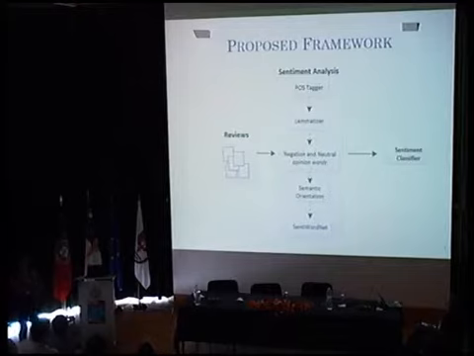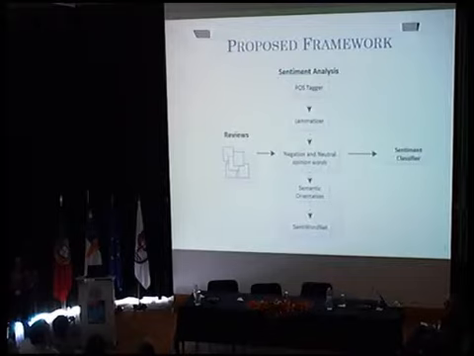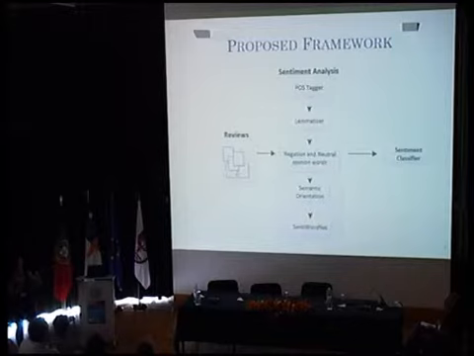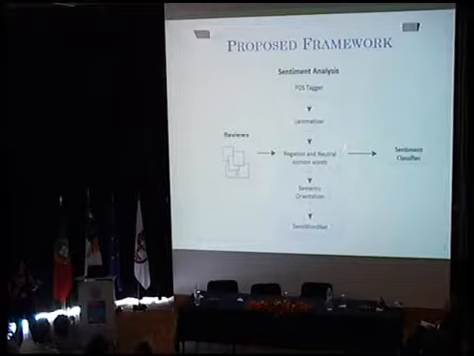So our proposed framework, this is the overall. What we do is we use a part-of-speech tagger. In here we used the FreeLing tool. So we want to know for each word which word family it belongs to. So you want to capture the verbs, the nouns. We also use lemmatizers, so you can group the same word families all together. And we take into consideration the negation and neutral opinion words.